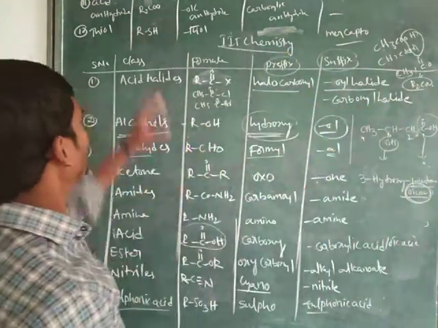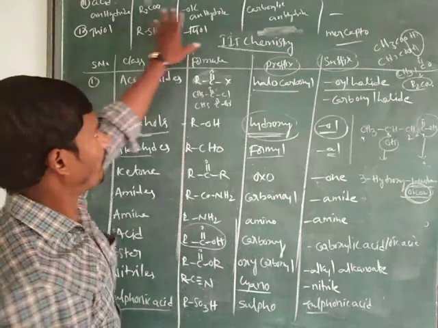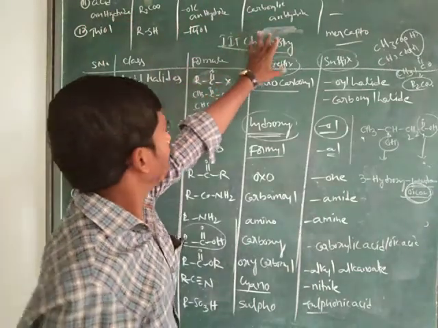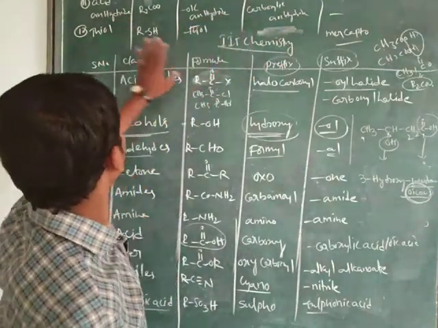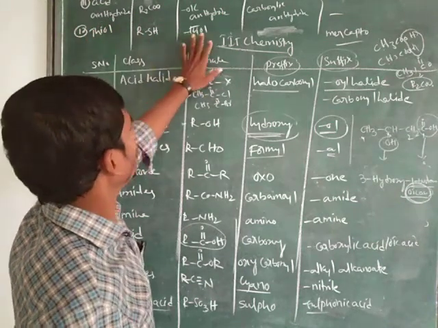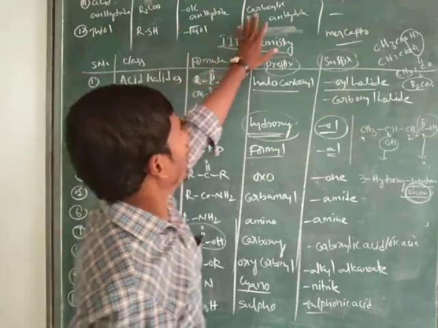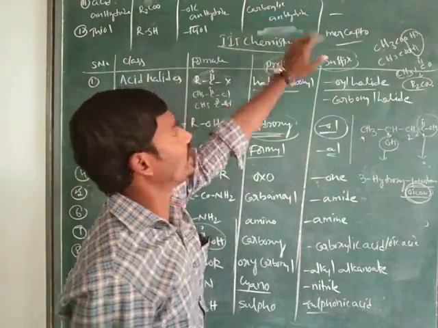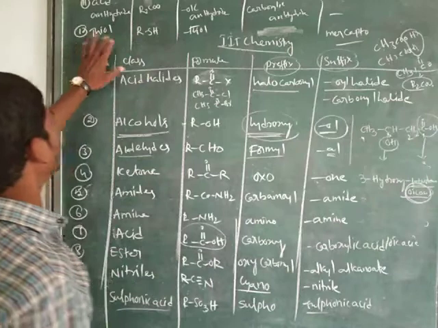Right children? And for that we don't have a prefix, and the suffix is carboxylic anhydride.